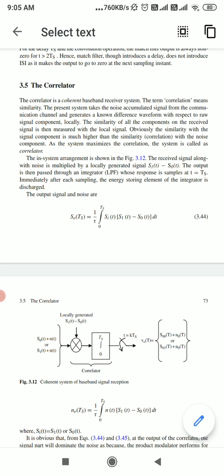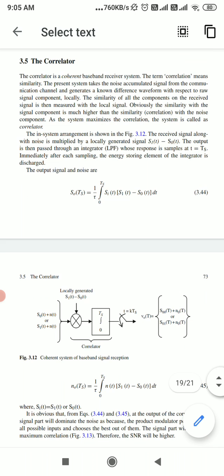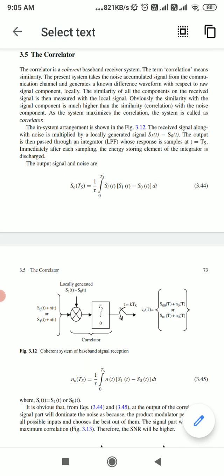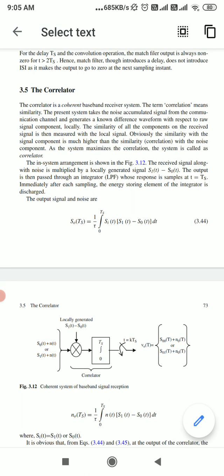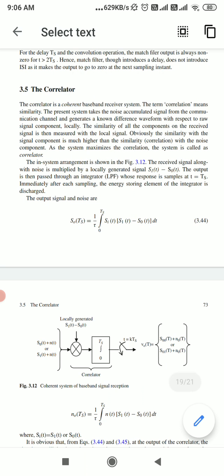You can observe here Figure 3.12, in which you can see the coherent system, or a correlator, for baseband signal reception. Here the received signal, along with noise, is given as input.